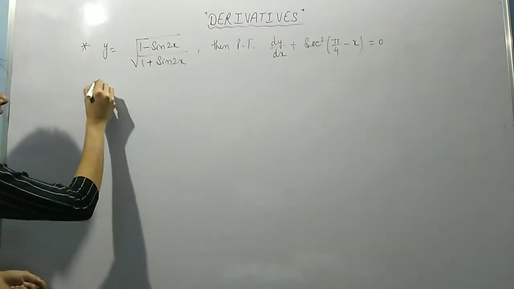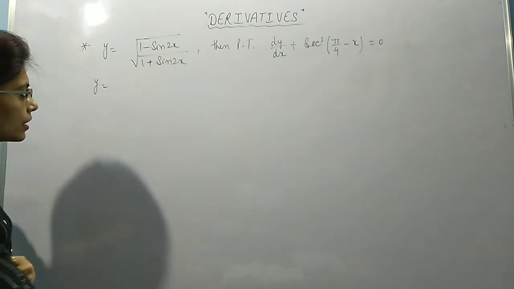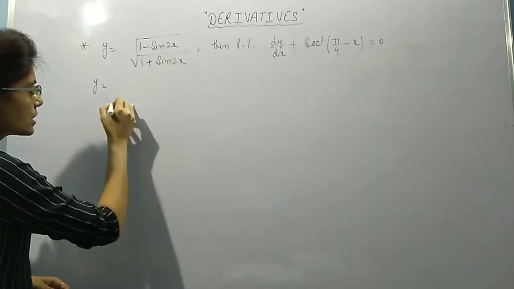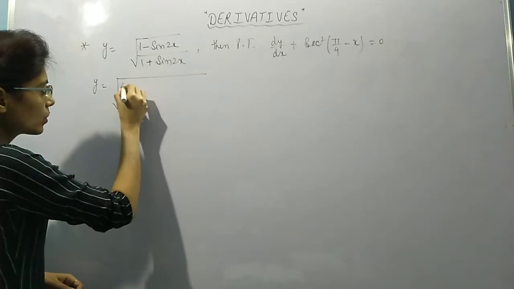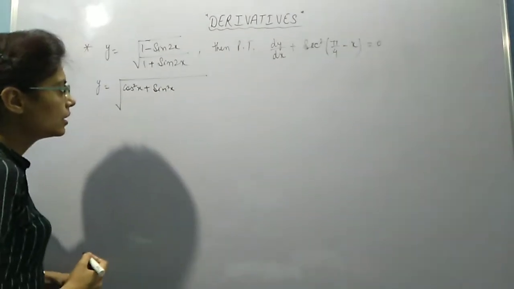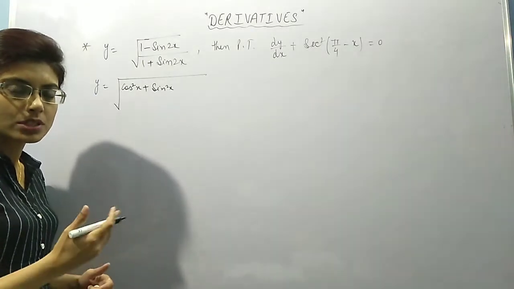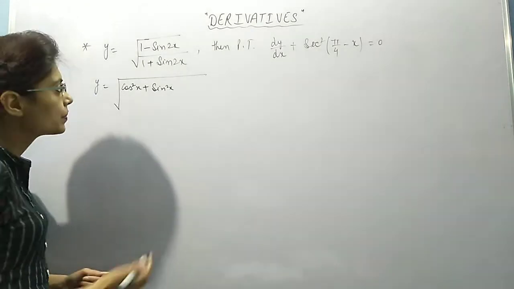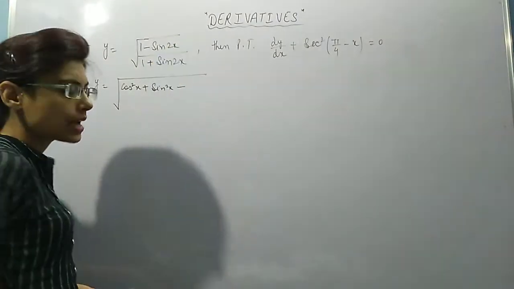With practice you will come to know that here we can write 1 as cos square x plus sin square x, because cos square x plus sin square x is 1, minus sin 2x.